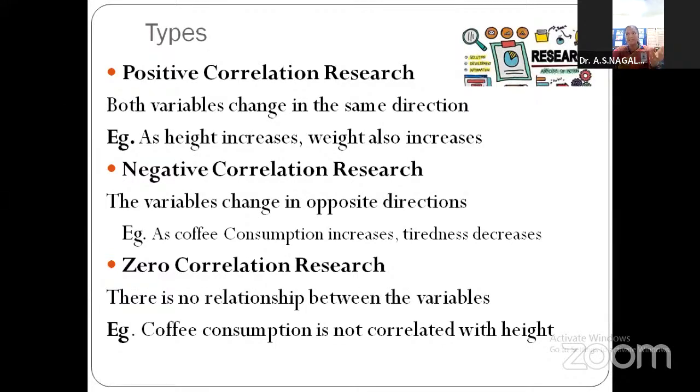Many people would like to take more ice cream. For the negative aspect, when there is an issue of disease, you will try to reduce taking ice cream. For example, when your body temperature really increases, you will try to take less ice cream and you avoid it. So it is called the negative correlation.